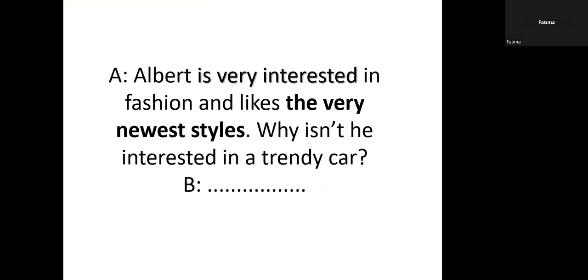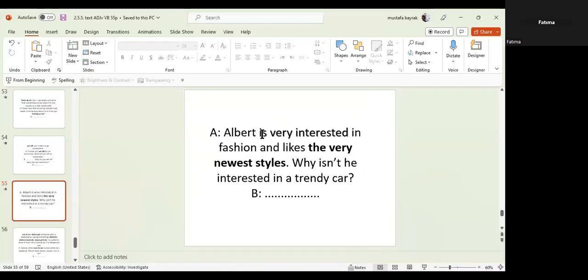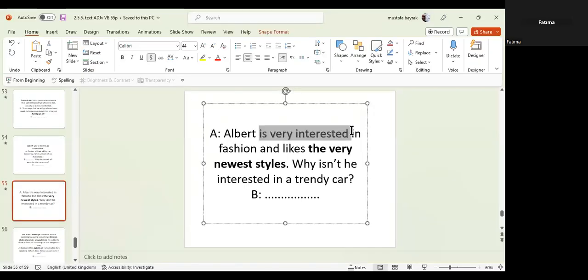Albert is very interested in fashion. In fact, do you see that there isn't one word? Be interested in, and be very interested in. We should consider it as one word.